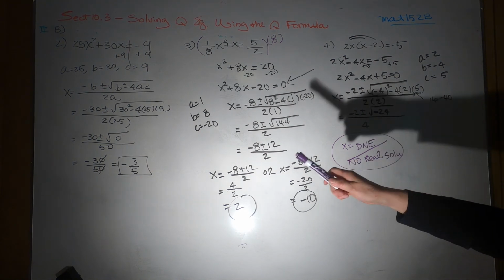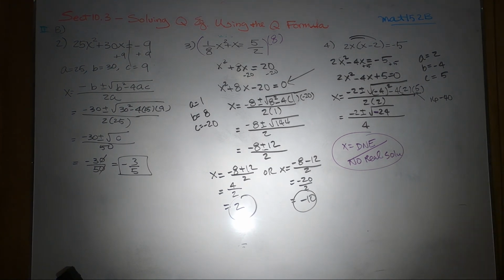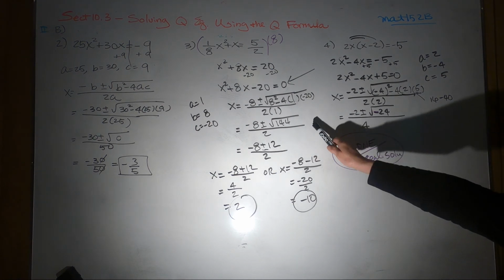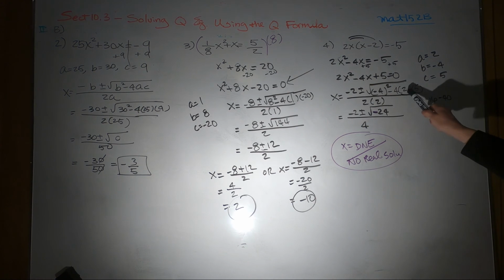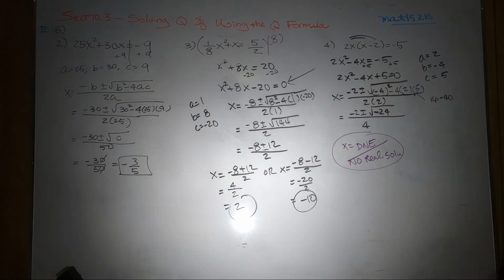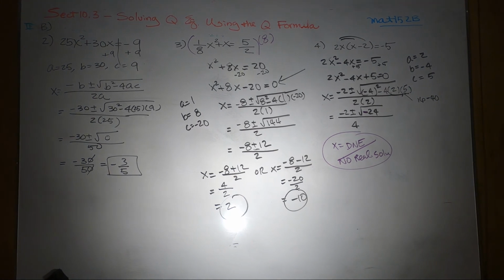Why? Like before, we had one solution, we had two solutions. What happened to this one? Why doesn't it have a real solution? Because when we did the quadratic formula, the square root of b squared minus 4ac, the inside of the square root ended up as a negative number, right?